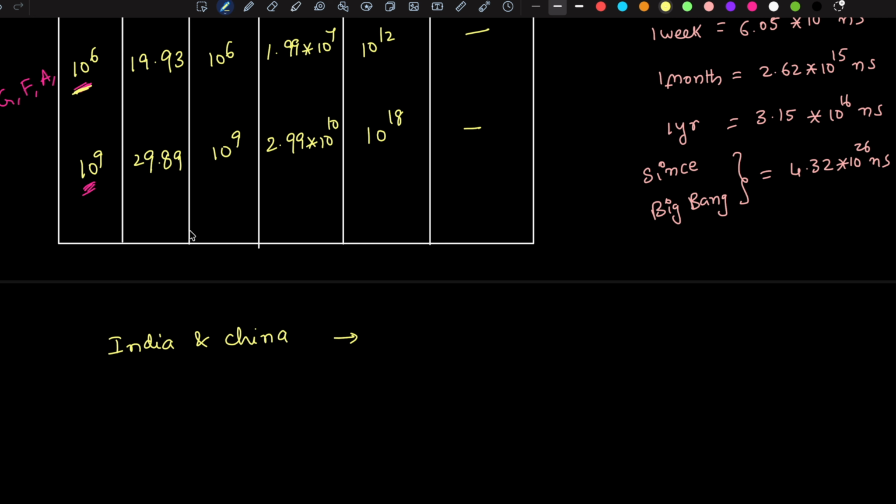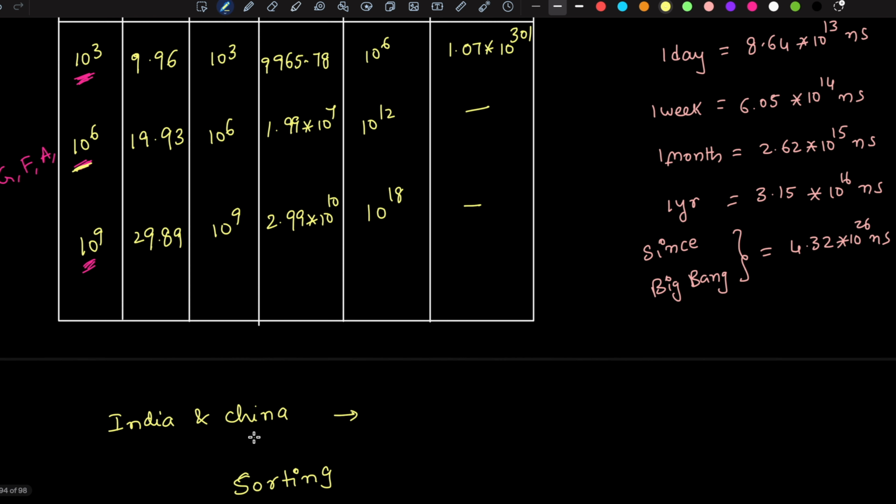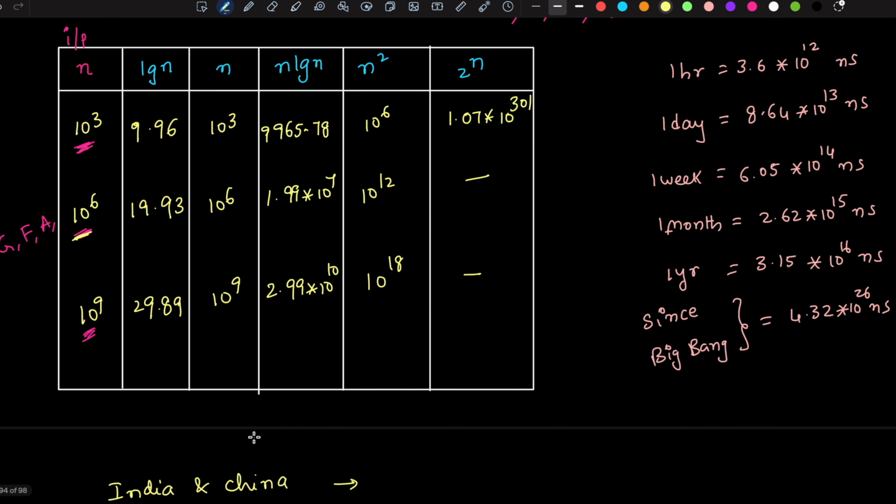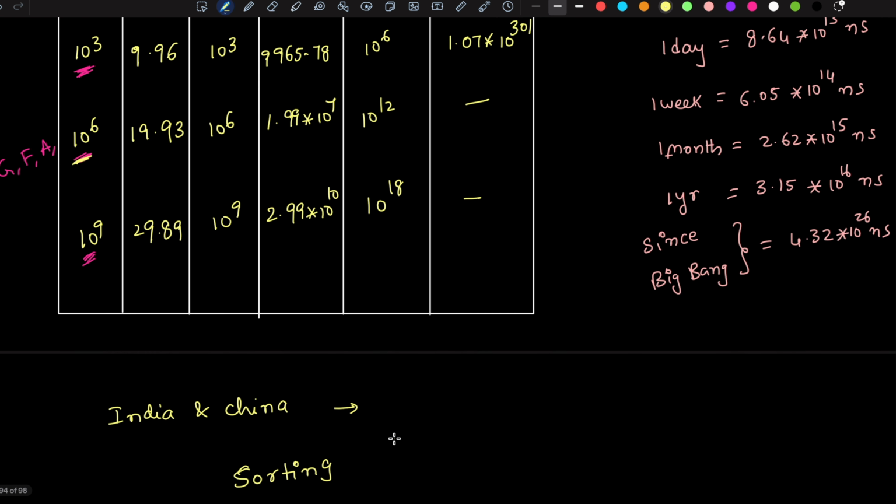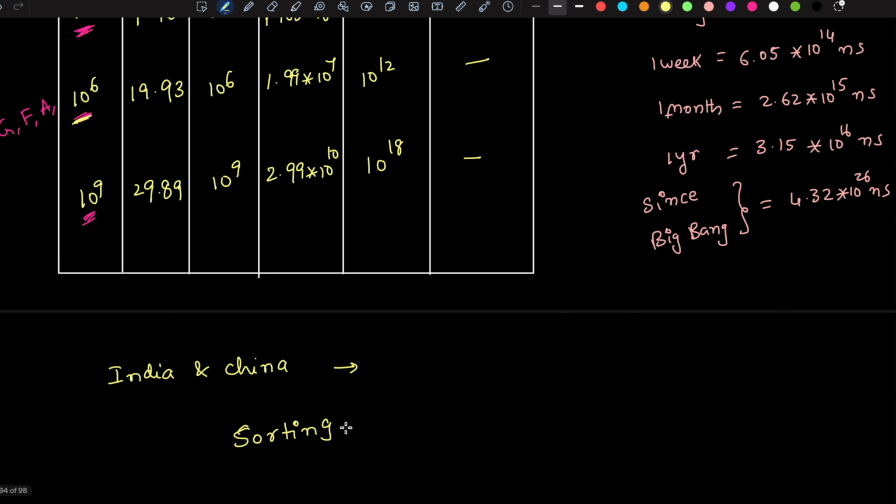Now imagine the problem we are solving is, let's say, sorting. I'm not saying any particular sorting algorithm has this complexity. Just imagine, for the sake of understanding, that the problem could be sorting, searching, finding the shortest path between two locations, or some other algorithmic problem.